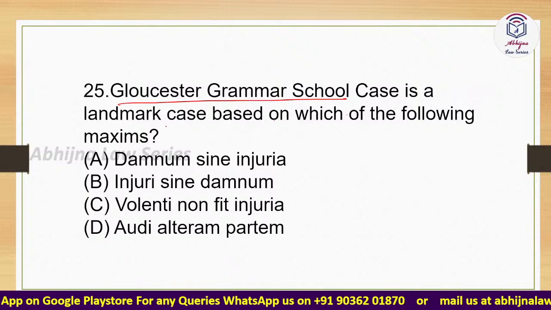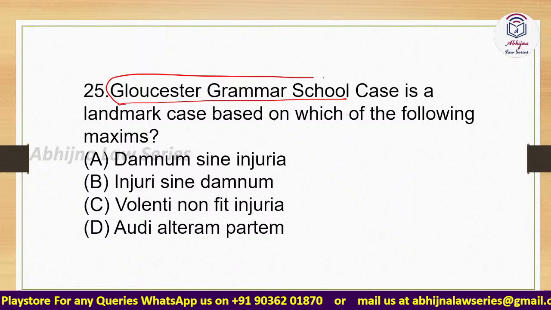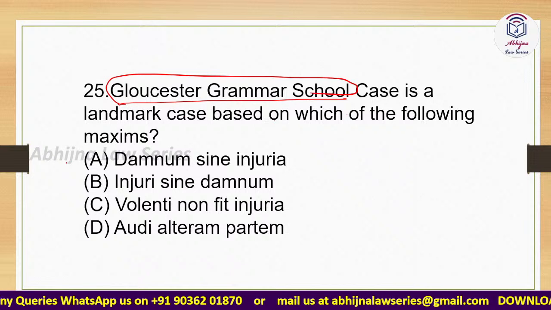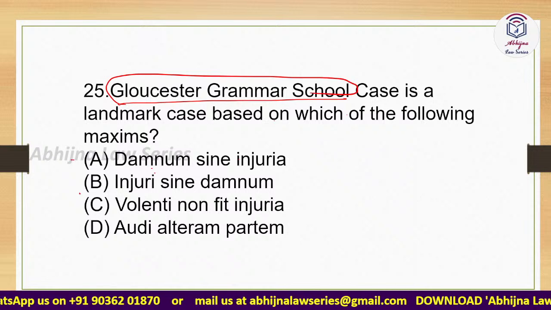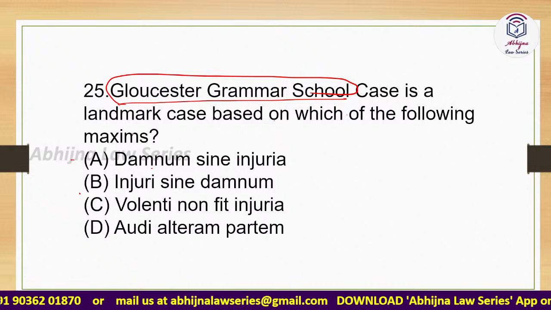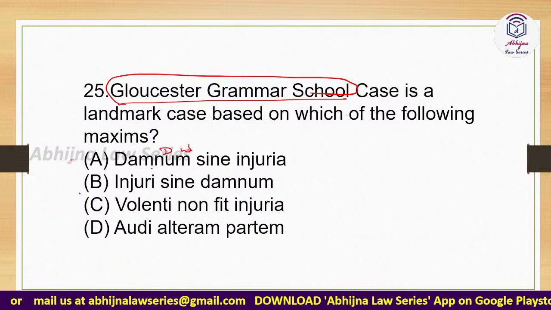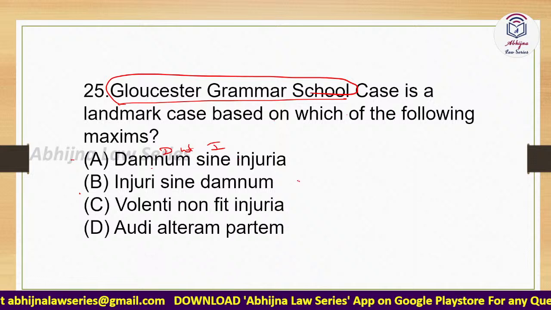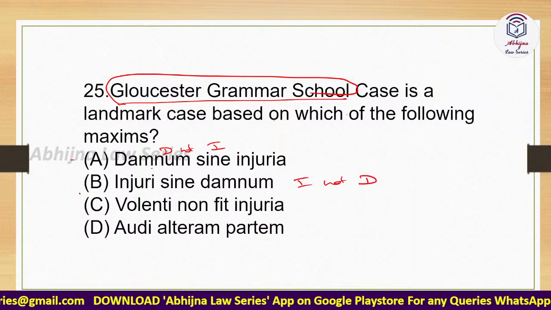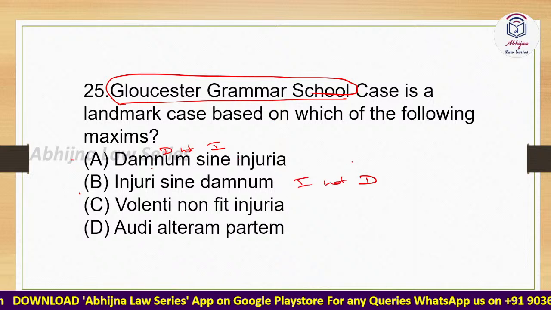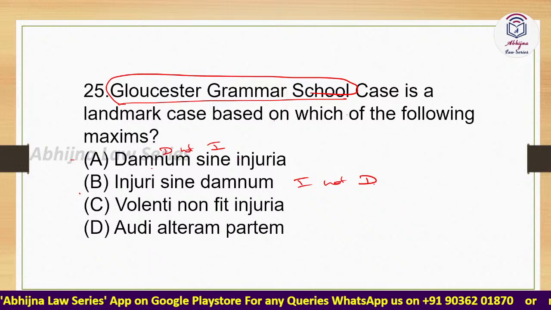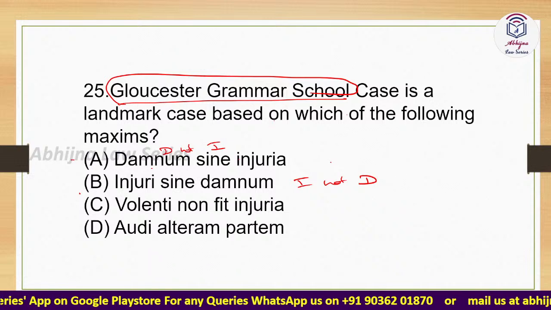Next one, the Gloucester Grammar School case is a landmark case based on which of the following maxims? This is a case of torts where we have two principles, damnum sine injuria and injuria sine damnum. Damnum sine injuria means damage without injury. Injuria sine damnum means injury without damage. Whenever you claim compensation, there should be a legal injury.